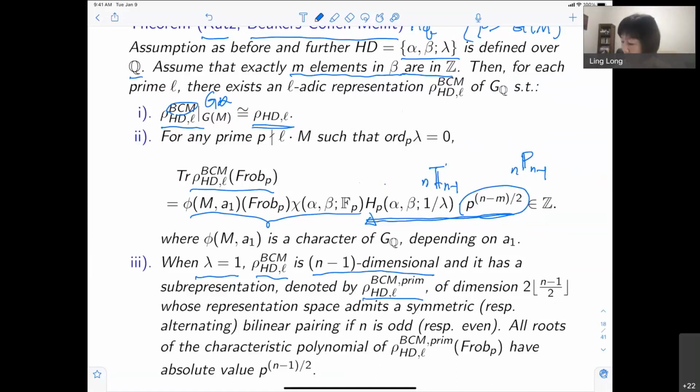But the primitive part will be, again, the same formula. It will also admit a symmetric or alternating pairing depending on the parity. And on the primitive part, the representation is going to be pure: all the roots of the characteristic polynomial will have the same absolute value under any Archimedean embedding.